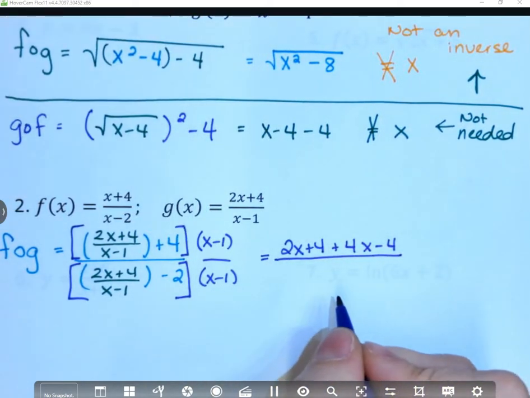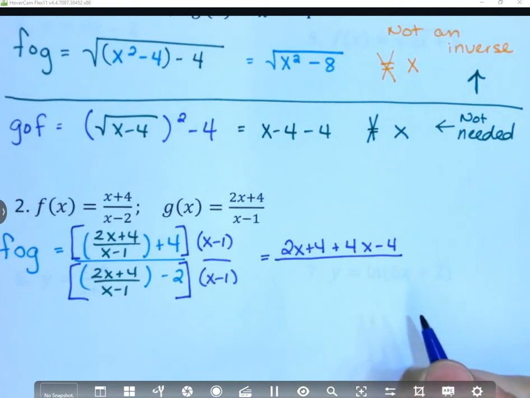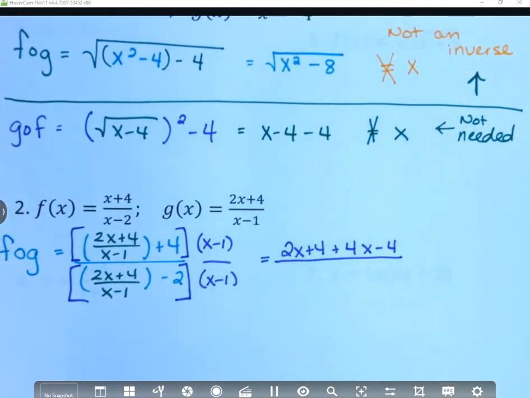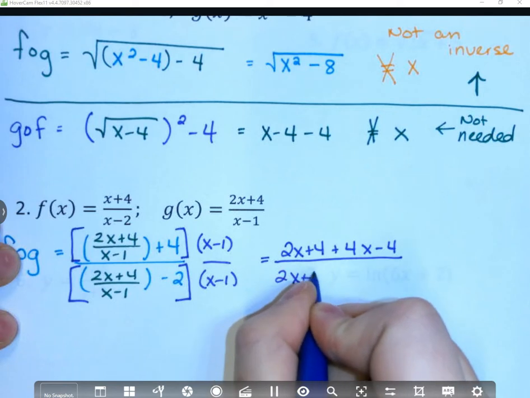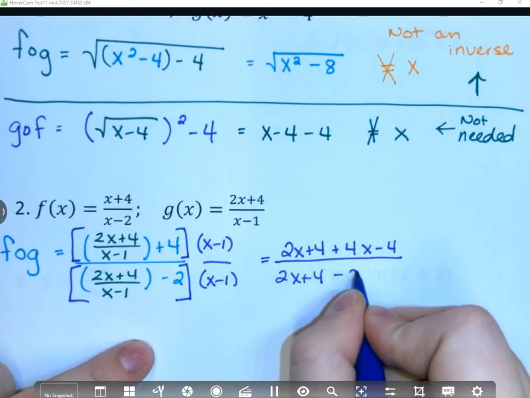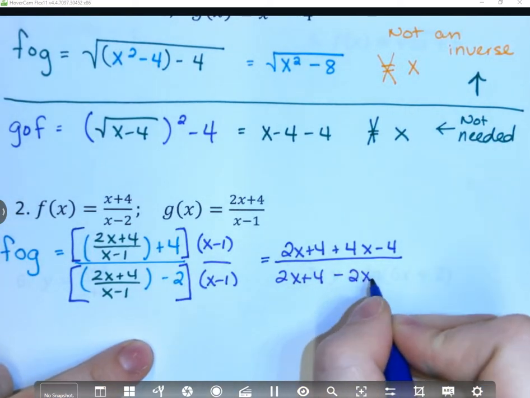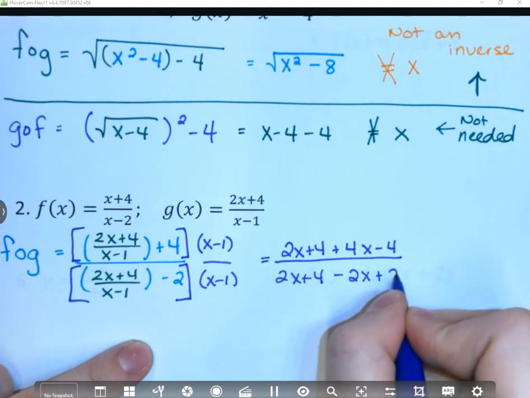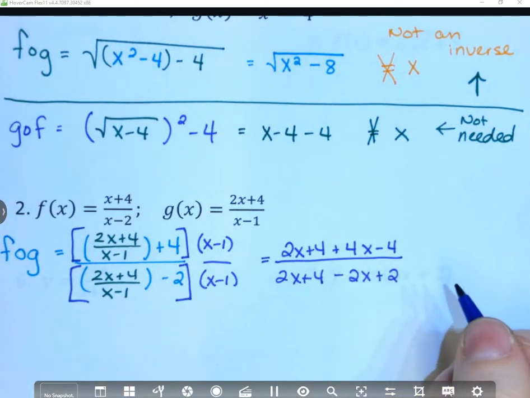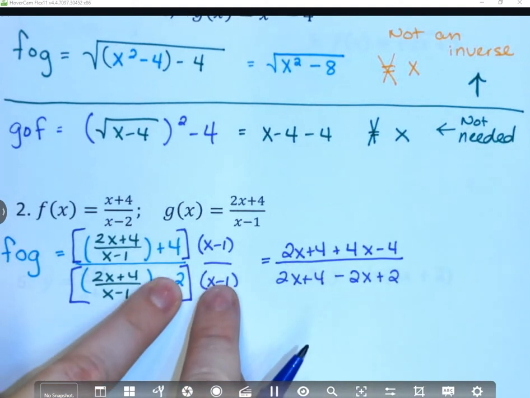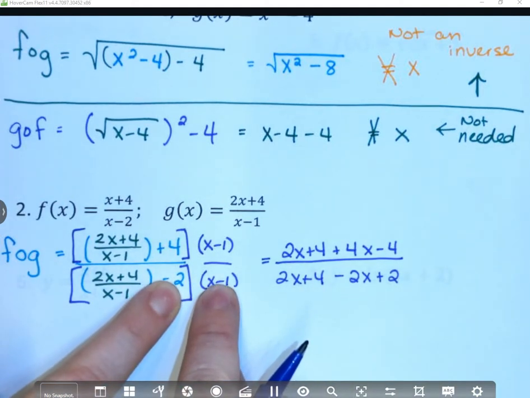And what is it going to be in the denominator? Ooh, so close. You're going to have the 2x plus 4. You're going to have minus 2x plus 2. Number one mistake on the quiz. That exact thing right there, a negative times a negative. Make sure you distribute that.